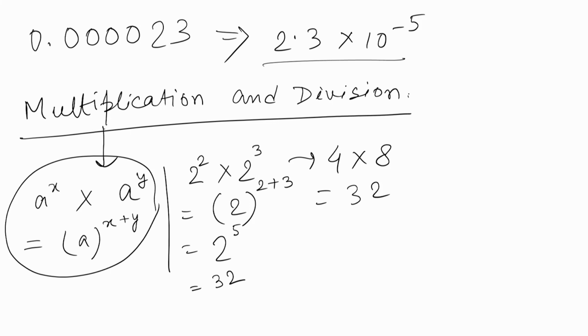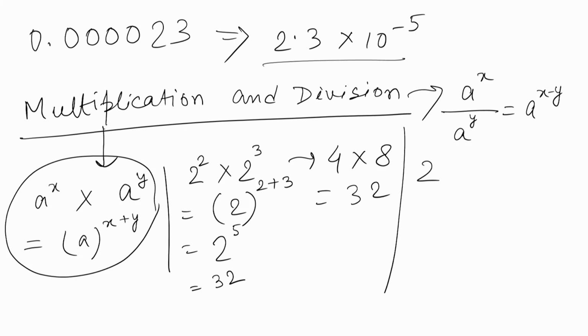For the division of indices also, if a to the power x is divided by a to the power y, then we can say a to the power x minus y. Like a similar example, let's say 2 to the power 4 divided by 2 to the power 2.